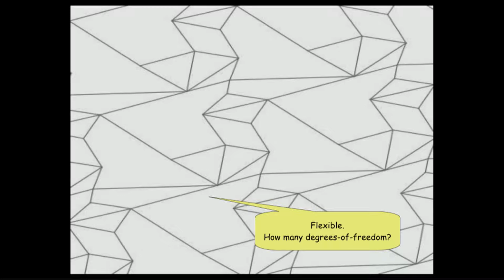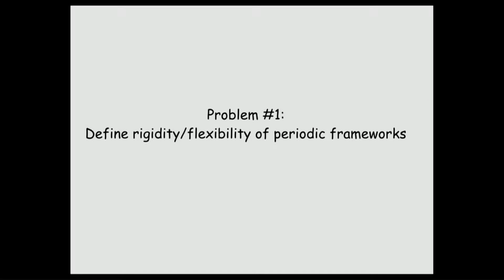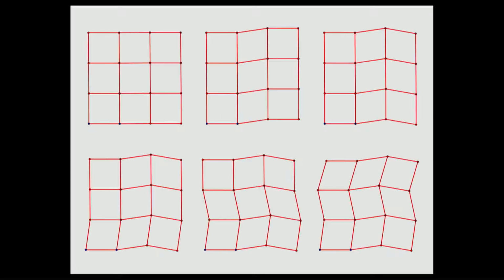I brought this up very quickly because there is a problem. If you spend some time, you'll see that defining rigidity and flexibility of periodic frameworks is not a trivial thing. First of all, we are dealing with an infinite graph. If you think about something like the infinite square lattice, it's obvious that it has so many ways in which you can deform it.